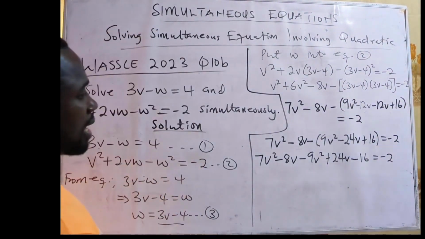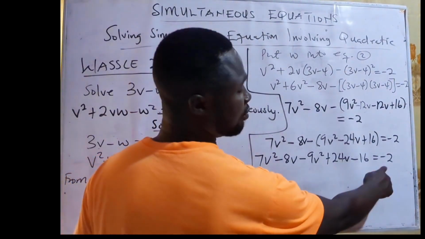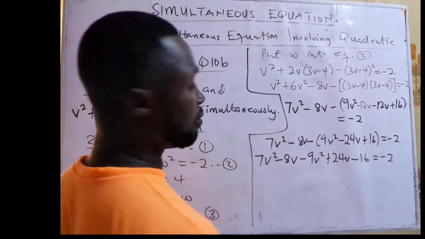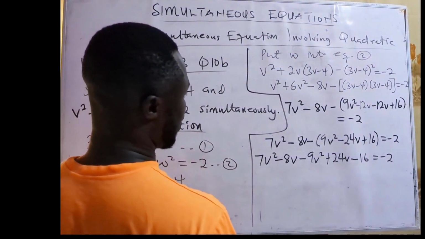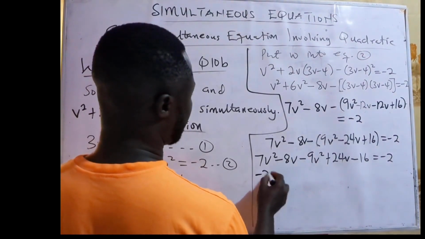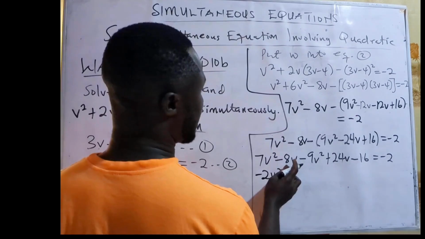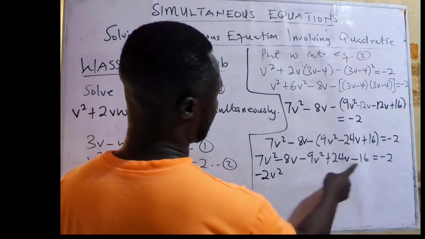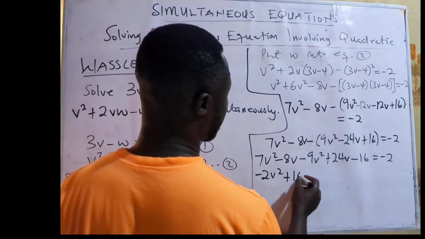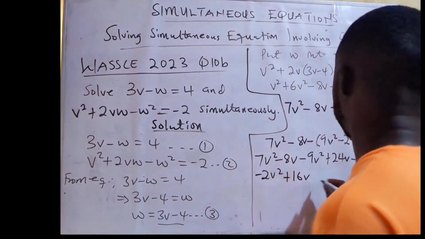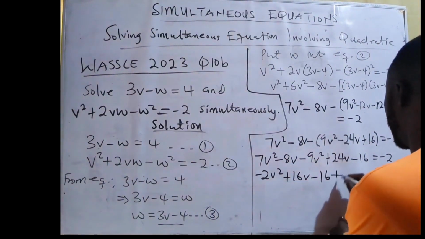Let me add the like terms, but remember there is a negative 2 here, so I'm going to bring the negative 2 to this side. Let me add the like terms. 7v squared minus 9v squared gives me minus 2v squared. Minus 8v plus 24v will give me plus 16v, and then there is minus 16 plus 2.